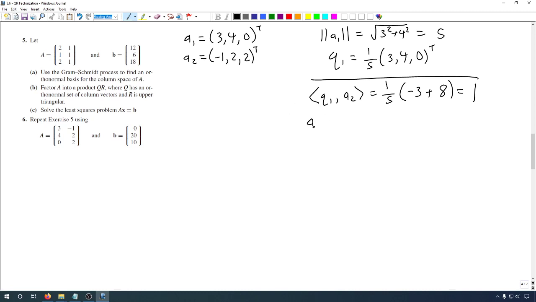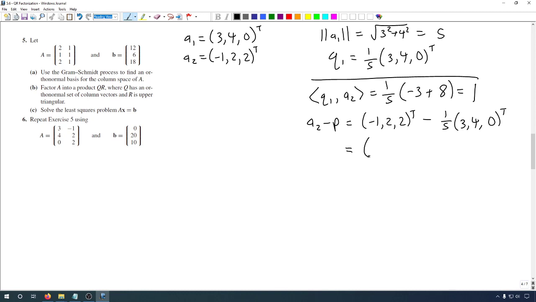We're going to take A2 minus our projection. So A2 is negative 1, 2, 2. Our projection is this inner product of 1 times Q1. Just put in Q1 here.